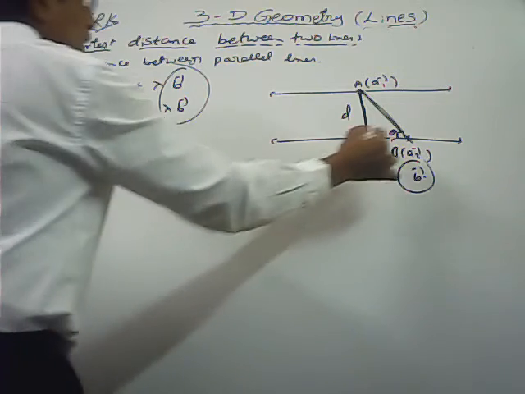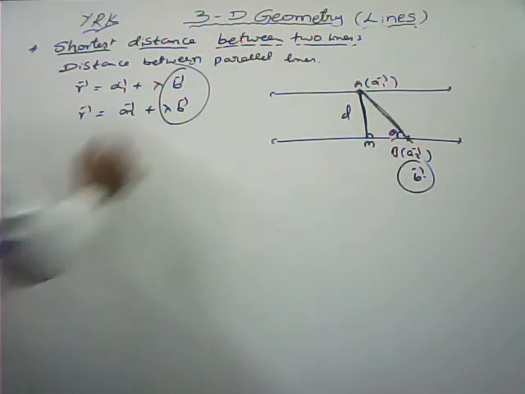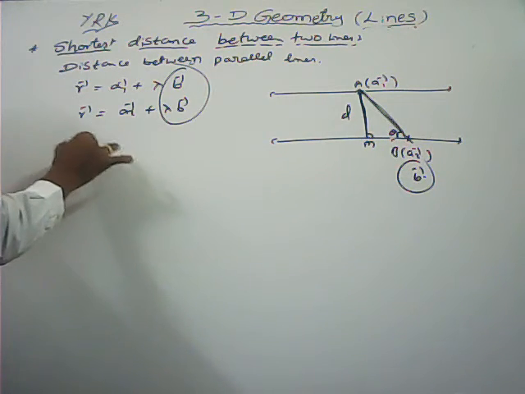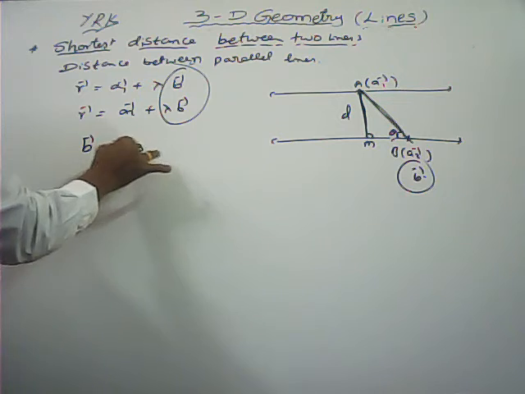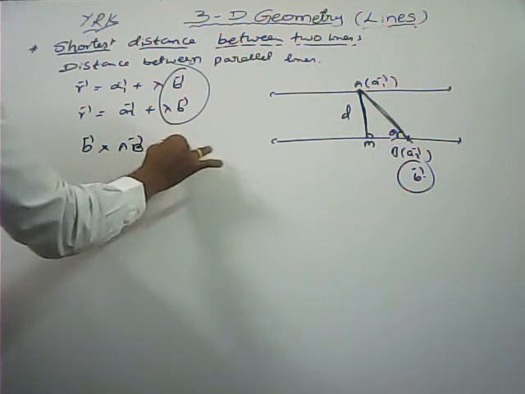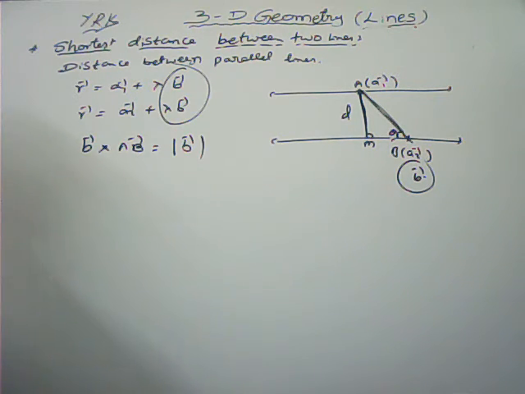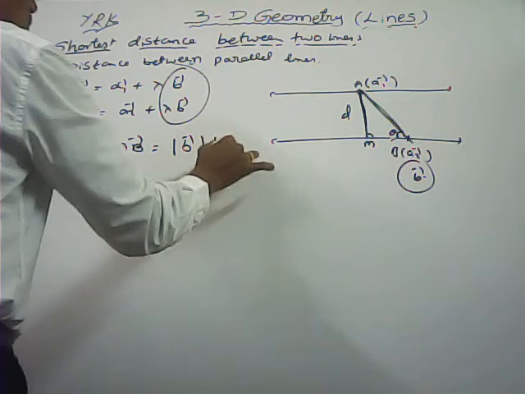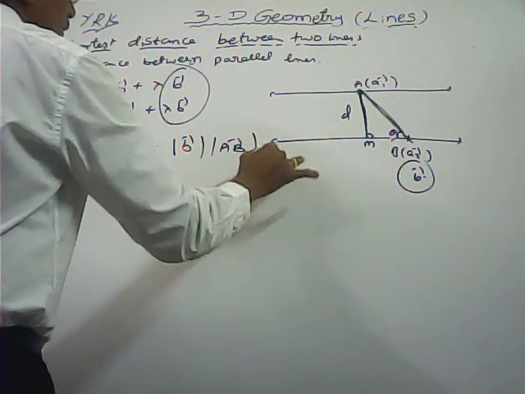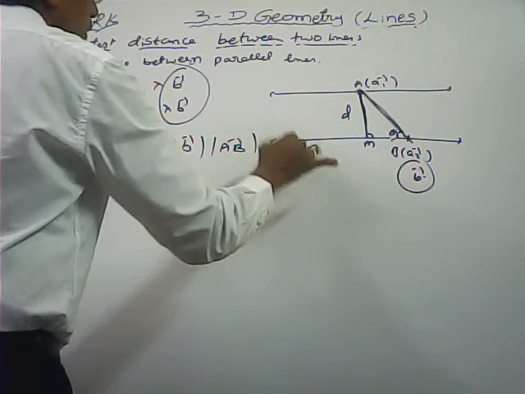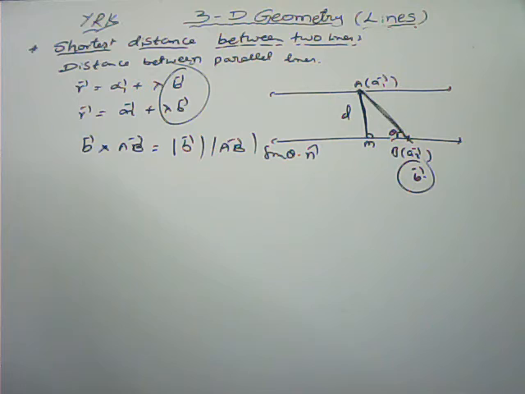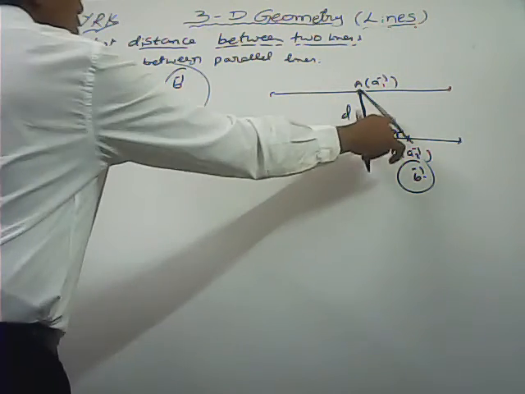So here I am taking the cross product of these two vectors, B bar cross AB bar, which is equal to, by using the cross product formula, modulus of B bar, modulus of AB bar into sin theta into n cap, the unit vector perpendicular to the plane containing these two vectors.